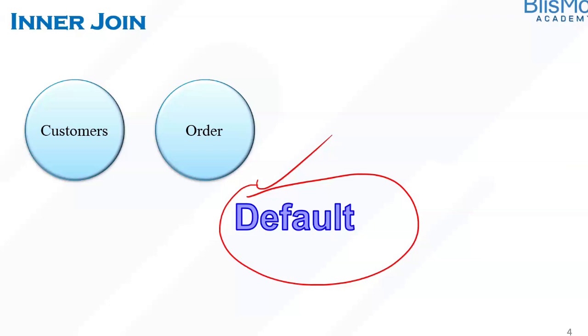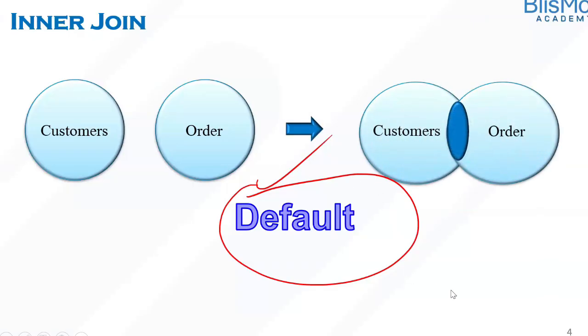Okay. So anyway, when I say default join, let us say if we want to do the inner join, which keyword do you have to use as a part of the select SQL statement, Sabita? Inner join. You are absolutely right. You have to use inner join as a keyword.